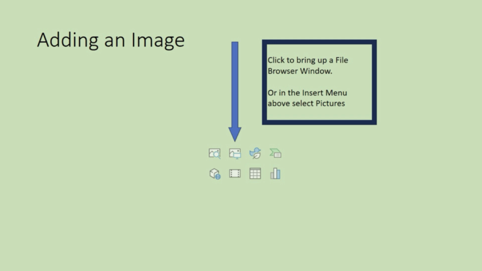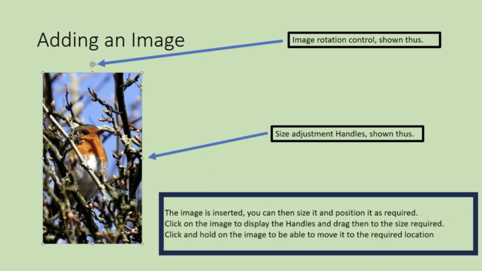And that will open up a window for you to view your pictures and select one from. So once you've added an image, you find the image will be presented like this, whereby you can rotate the image with the control at the top, or you can use the size adjustment handles, which are the little white dots on each of the sides, to size the image to suit.